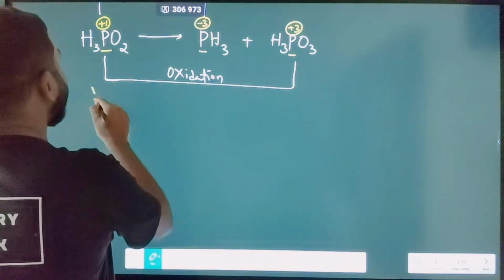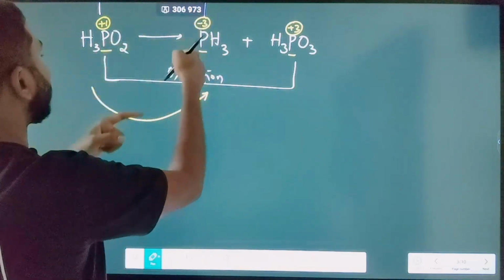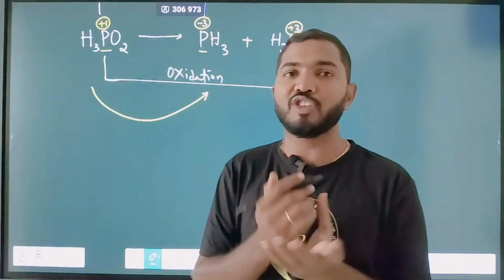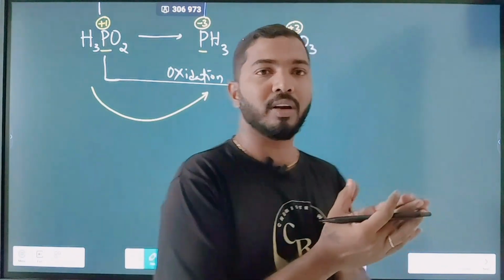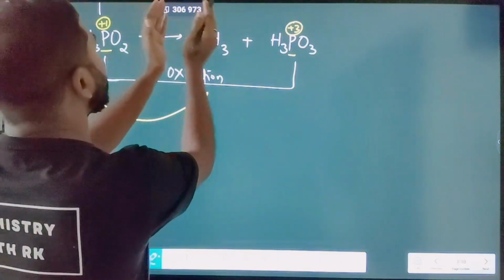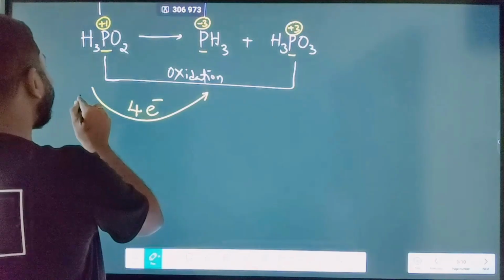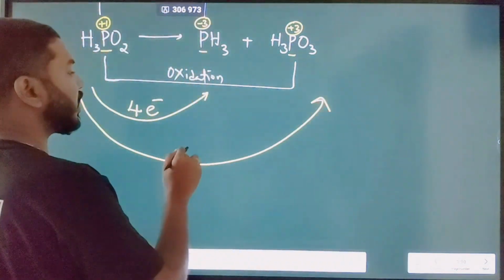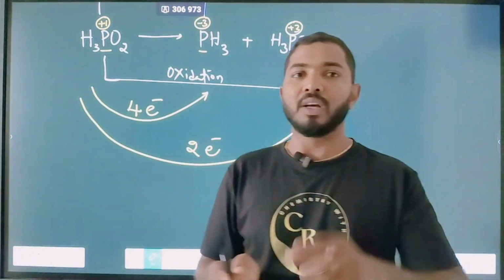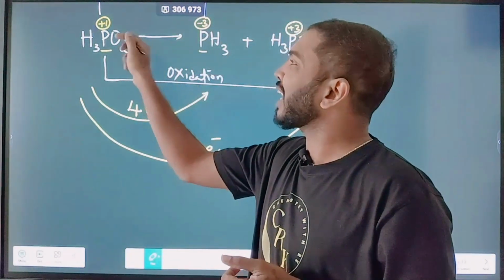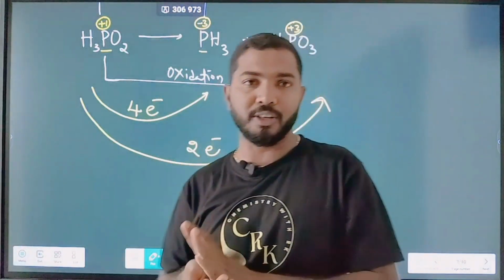From +1 to -3 is reduction, so how many electrons need to be gained by that species? It has to gain 4 electrons. Similarly, from +1 to +3, how many electrons does it have to lose? It has to lose 2 electrons. So here I am calculating the number of electrons gained in reduction and the number of electrons lost in oxidation.